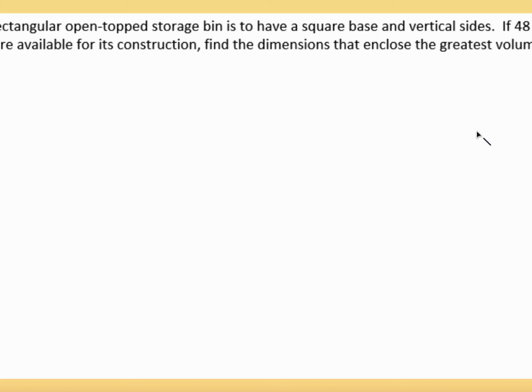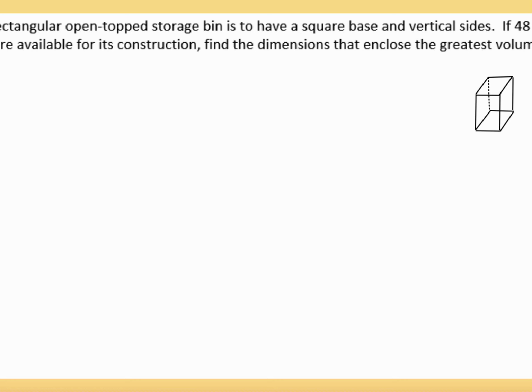So we want to start off with a square base. It's square-ish. And then it's going to be a rectangle. So this one looks more like it has a square base and then rectangle sides.